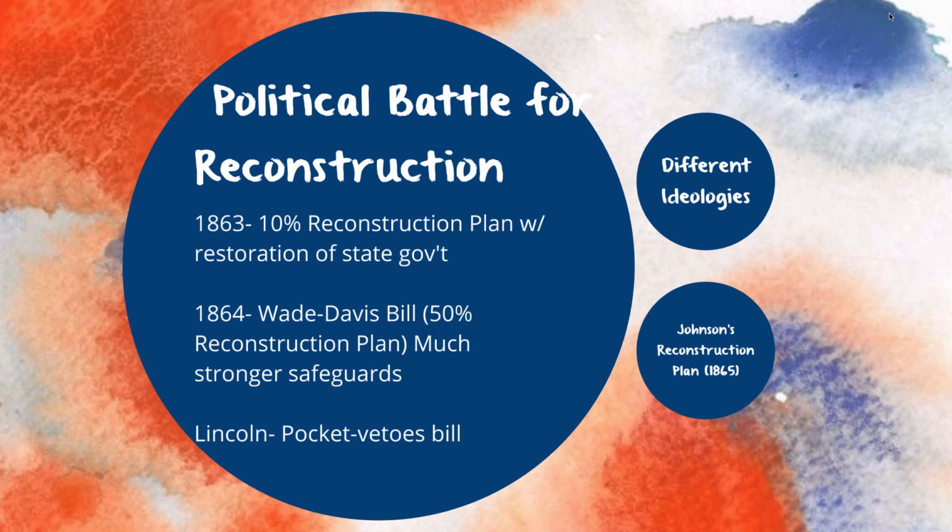And so they passed the Wade-Davis bill, but Lincoln doesn't sign it. In other words, he pocket vetoes the bill. When Lincoln does this, he's essentially telling them, look, we can't do 50%. That's too difficult to do. Continue working on this. Give me something I can sign.